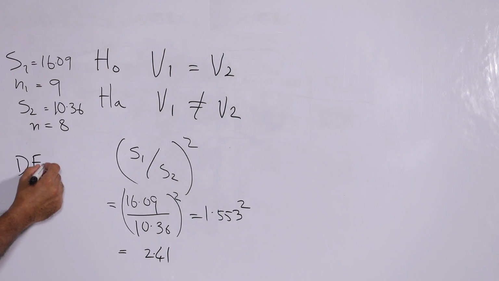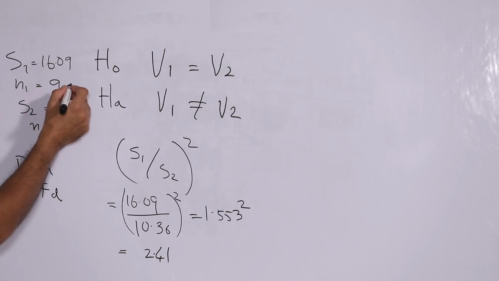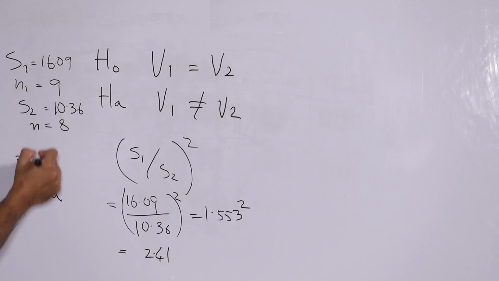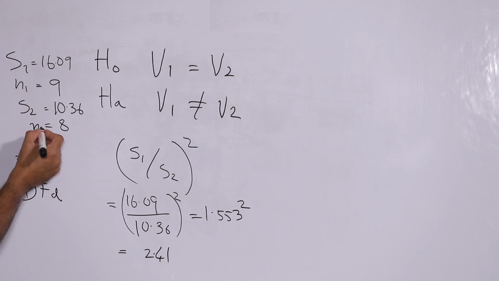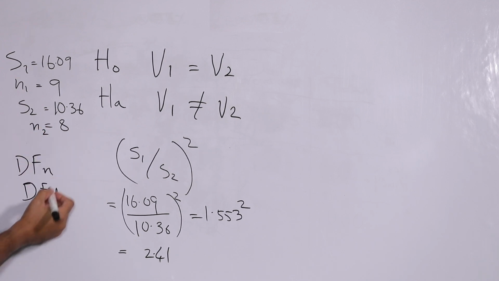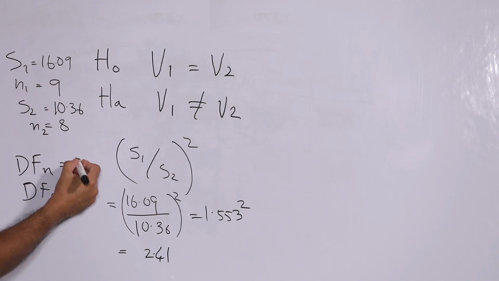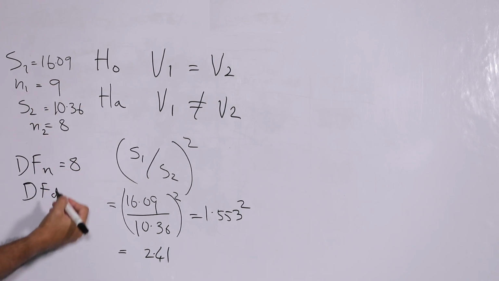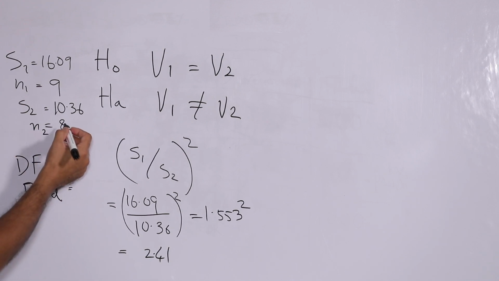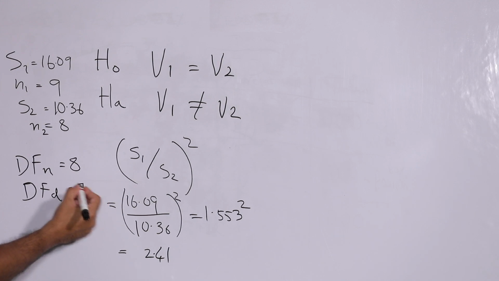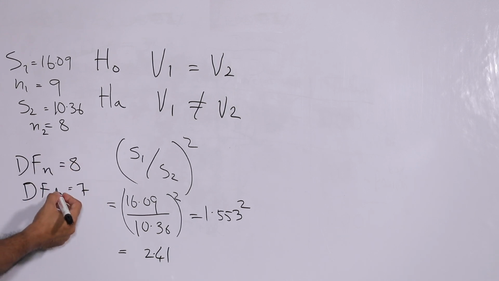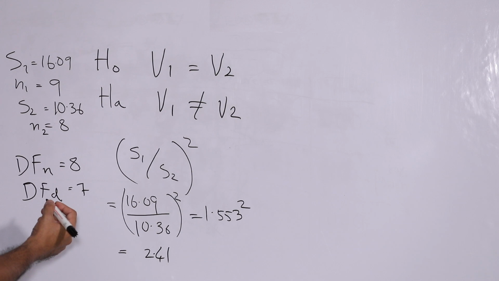So the DF numerator is N1 minus 1, which is 9 minus 1, equal to 8, while the denominator is N2 minus 1, that is 8 minus 1, equal to 7. So given these two, at a significance level of 0.05, you can look up the F critical value from the table.